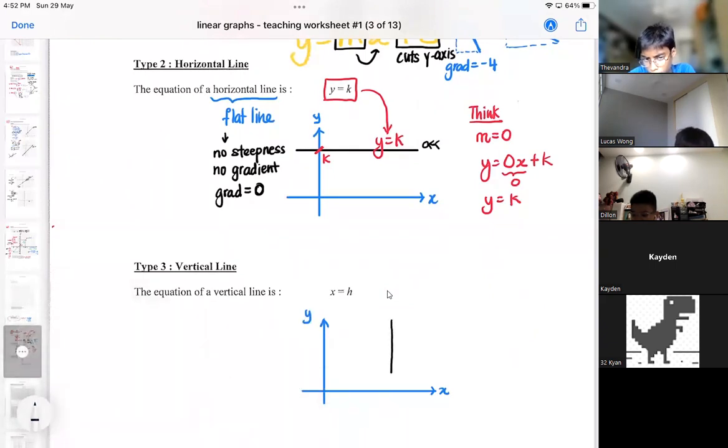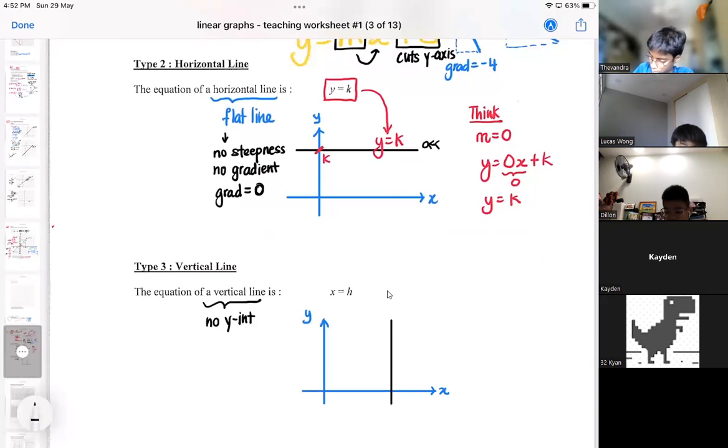So this is how a vertical line looks like. A vertical line doesn't have a y-intercept because it doesn't even cut the y-axis. This is the extreme situation. The line is so steep that it became vertical.